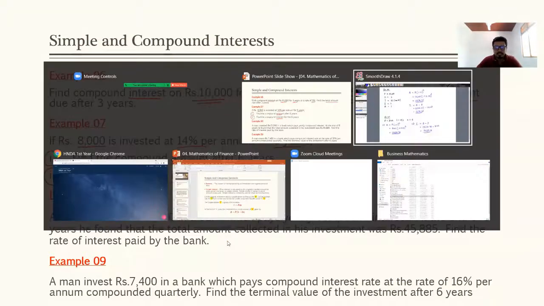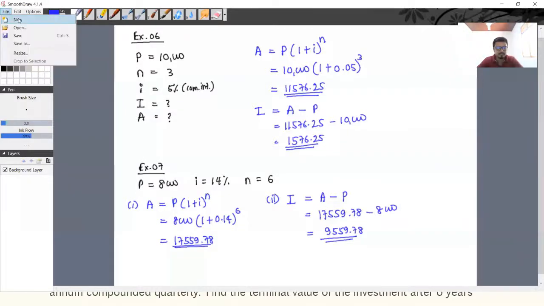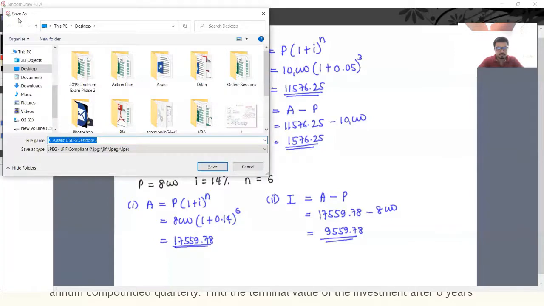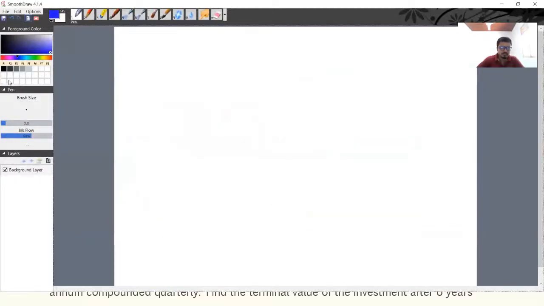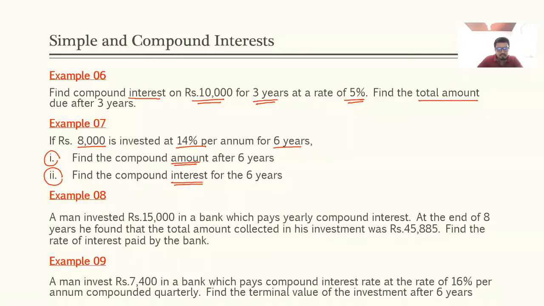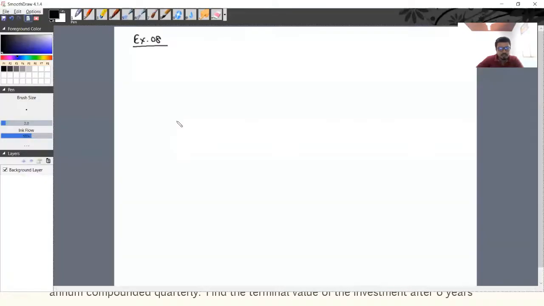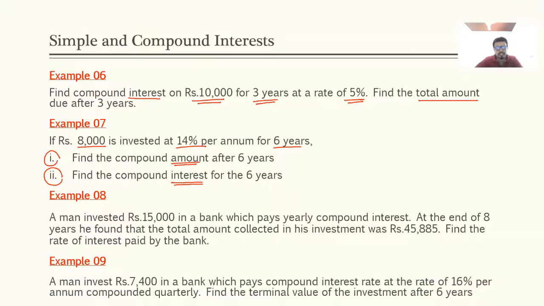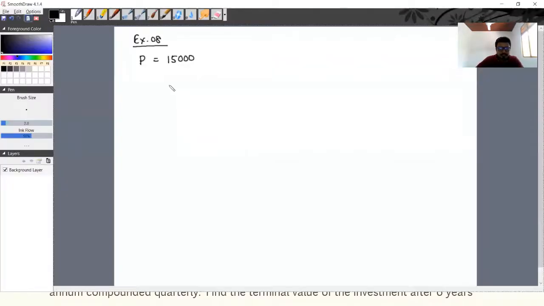Example number 8. A man invested 15,000. What is this 15,000? That is the principal amount. Principal amount is 15,000, the amount that we invested. Bank which pays yearly compound interest, at the end of 8 years.